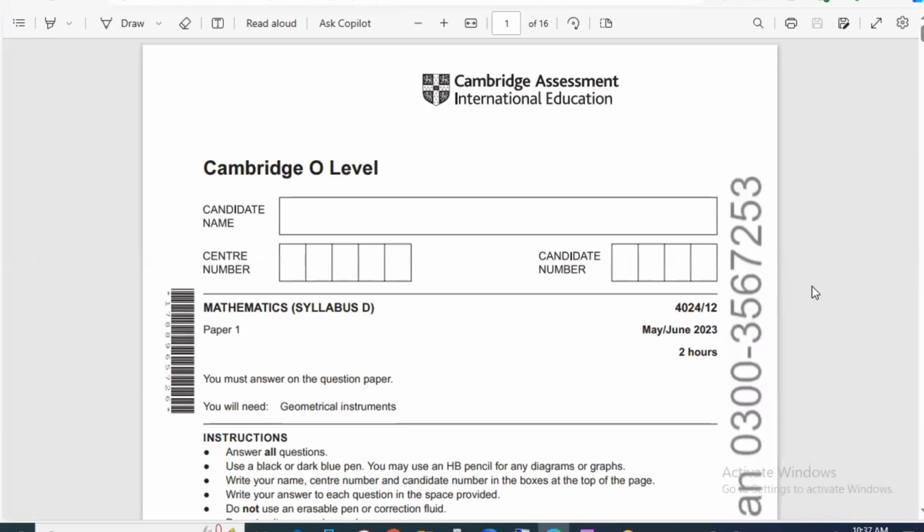In this video, I'm going to explain question number 15 till question number 26. Question number 24 of the paper O-Level Mathematics Syllabus D 4024, Paper 1, Variant 2, May June 2023. In this paper, you should know not to use a calculator because a calculator is not allowed in the paper.